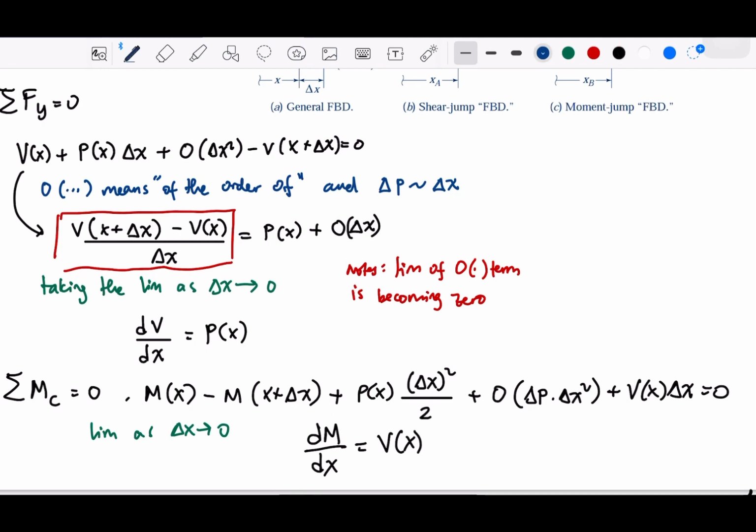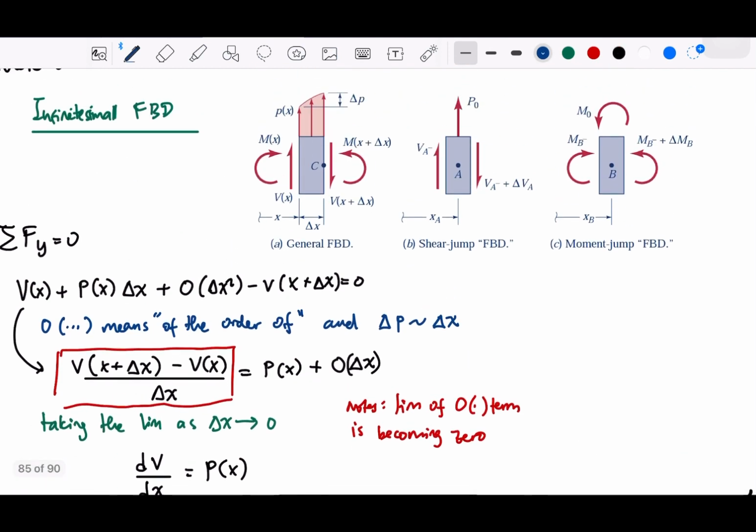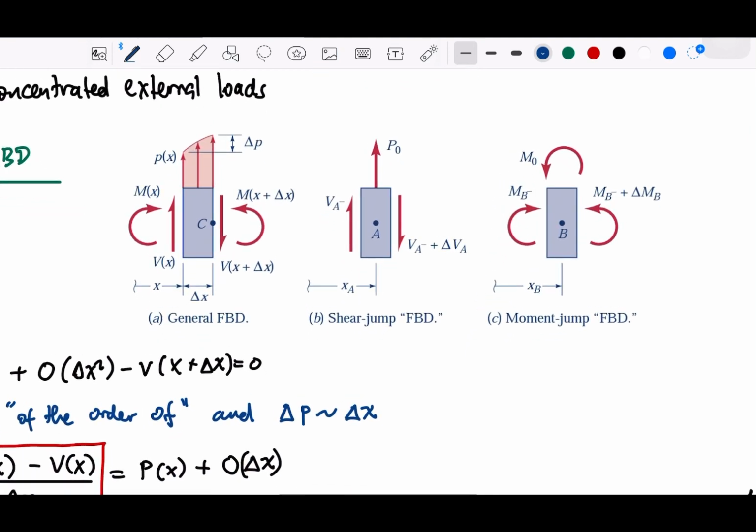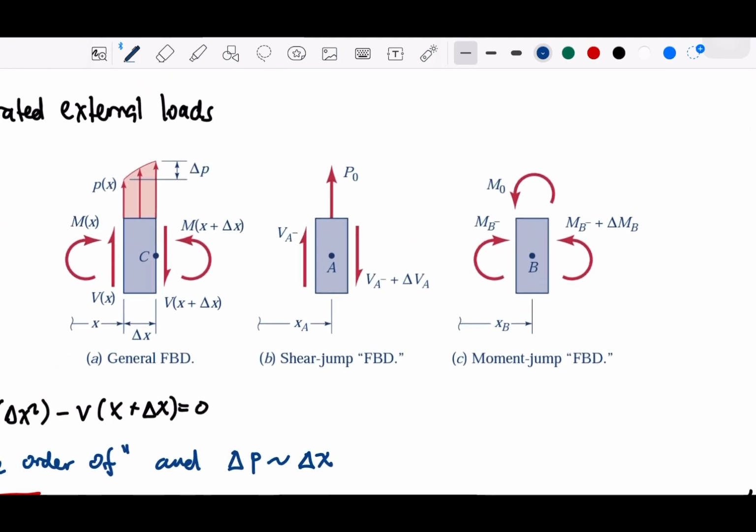Okay. So what this is going to be, as a consequence, okay. Here it's saying that this is going to be like a shear jump and a moment jump. And what is that?